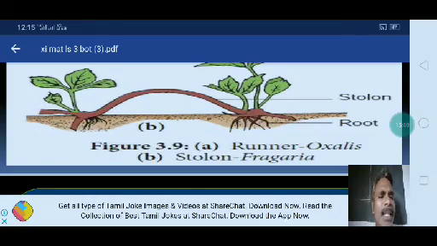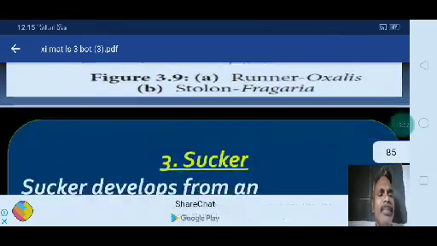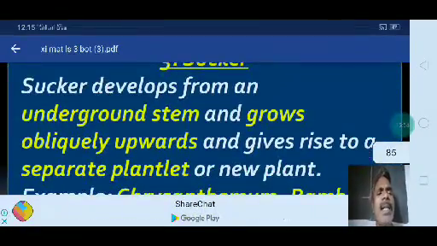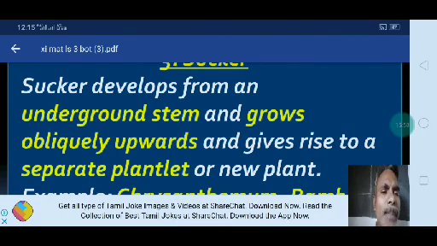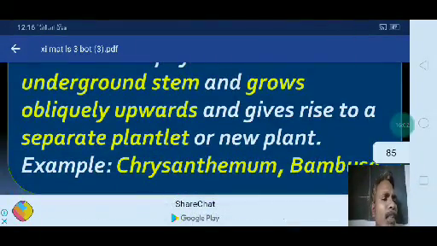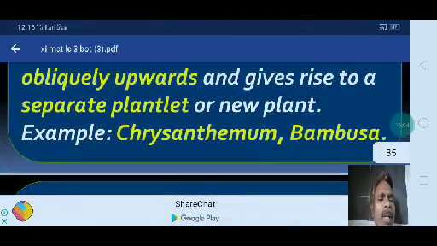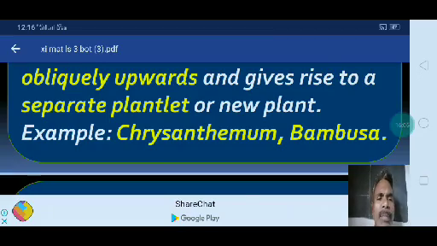First one is the runner, Oxalis, then stolon, Fragaria. Then sucker. Suckers develop from an underground stem and grow obliquely upwards and give rise to a separate plantlet or new plant. Example, Chrysanthemum, Bambusa.